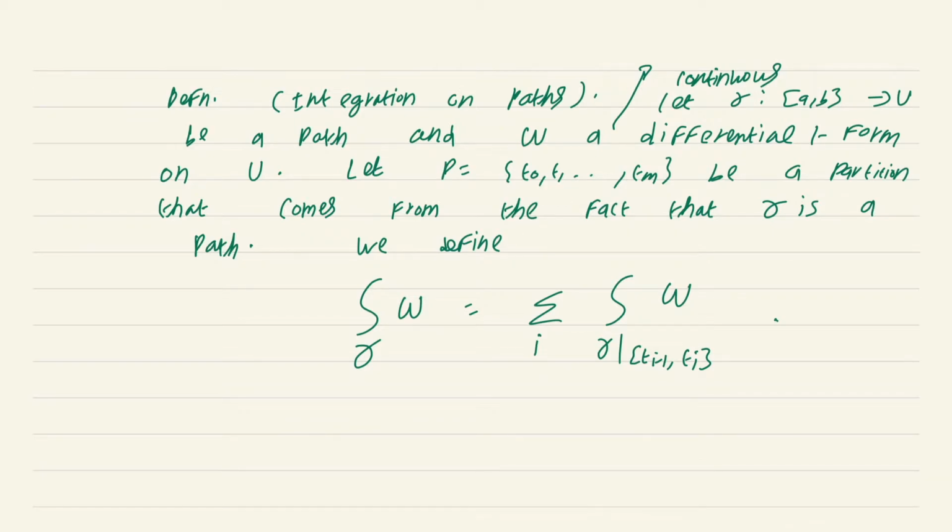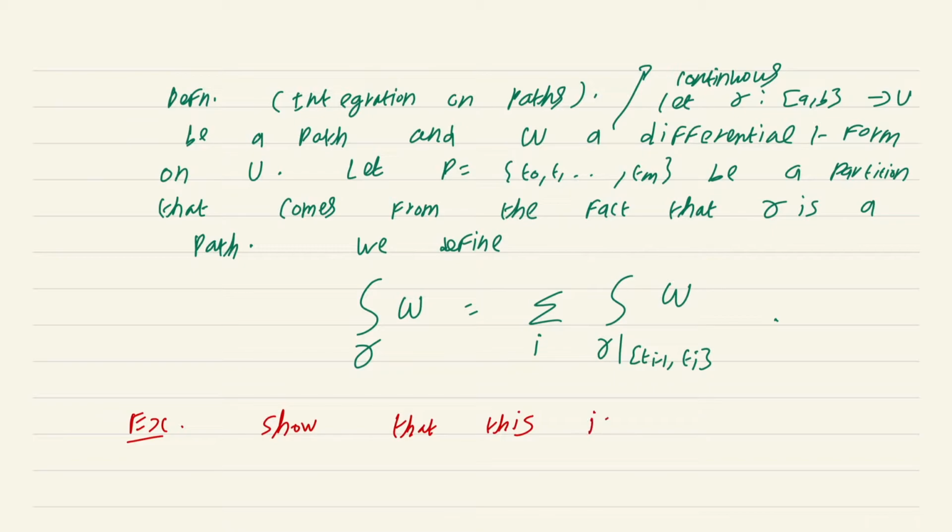So as an exercise, show that this is well defined. That means there are several partitions possible that make gamma into a path, right? There is no uniqueness claim. How do you know that all of those partitions are going to give rise to the same value of the integral of the differential form? Well, this exercise will tell you.